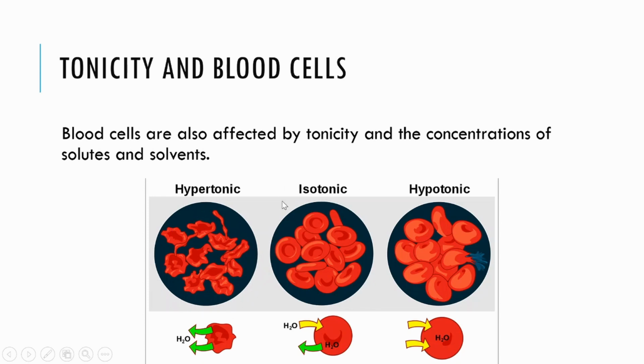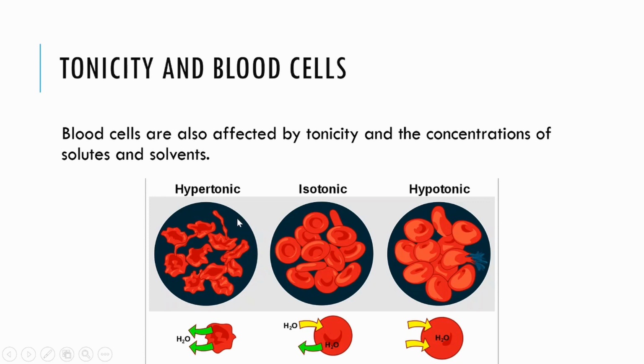In an isotonic solution, the solute concentration is about equal, both inside the cell and outside the cell. So the environment we put our red blood cells in is about the same as the environment that is inside of the cells. So as water moves in, water also moves out. It's a net zero, so to speak.